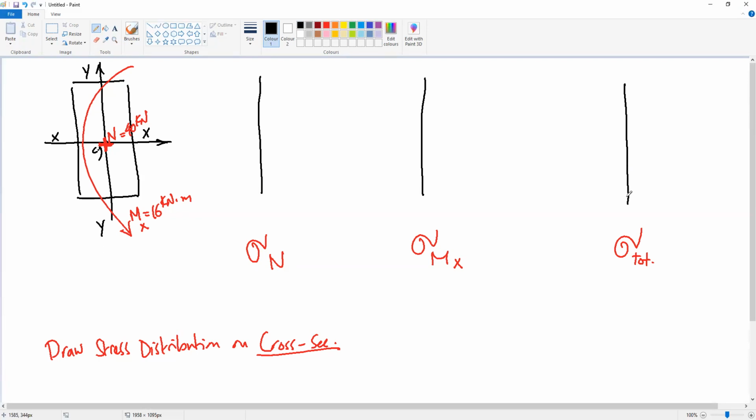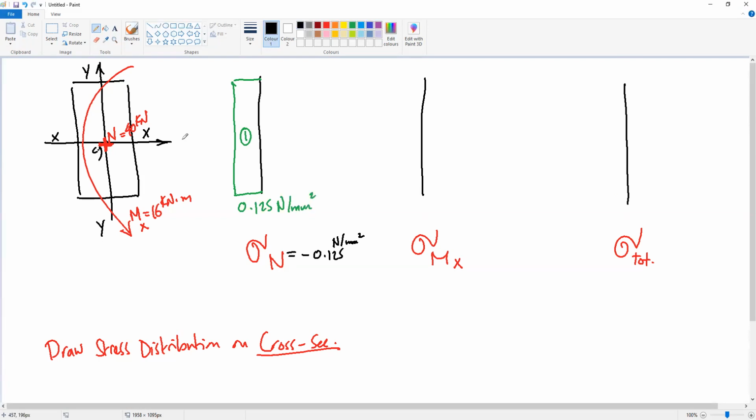Okay, sigma n, the value of sigma n was 0.25 Newton per millimeter square. It is constant over the whole section. So if we draw this, I will draw it here. This is how to represent the stress. The value of this stress is 0.25 Newton per millimeter square.